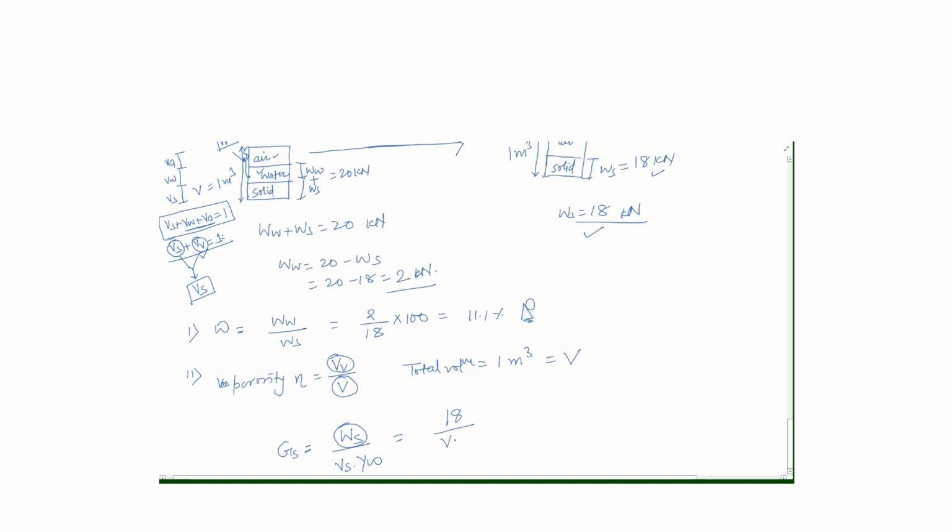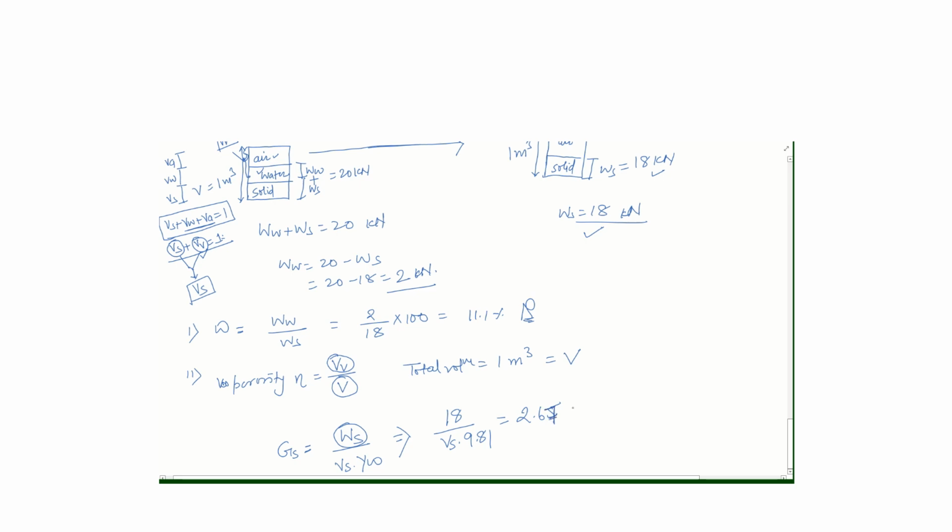I do not know the volume of solid. I know gamma w is 9.81. And this is all equal to Gs, and the Gs value is 2.65, that is given in the question. 2.67, sorry.